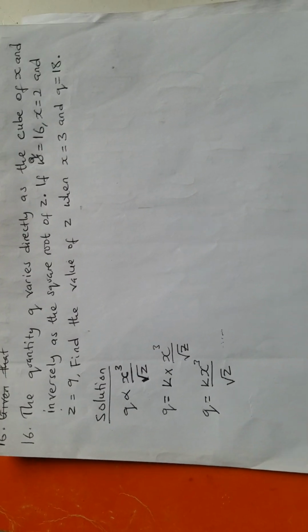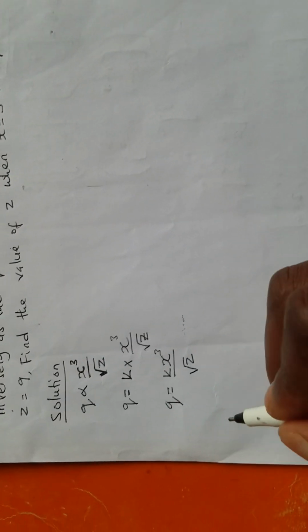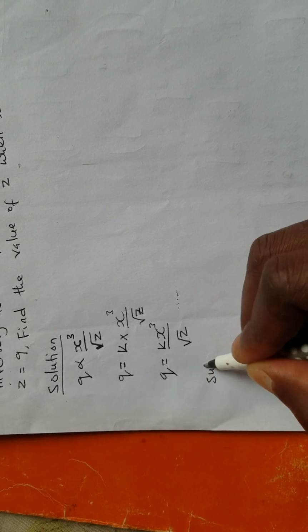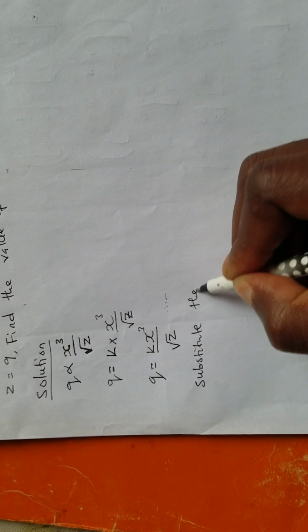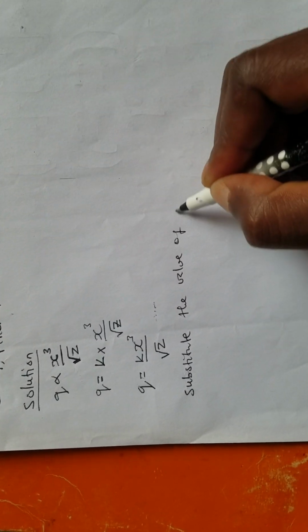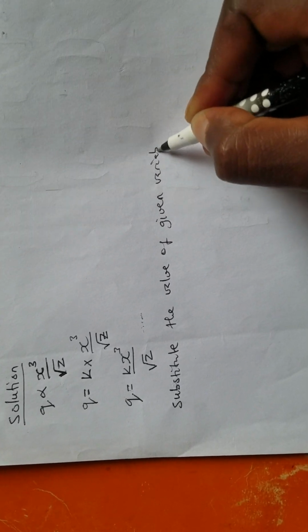They are saying that if q is equal to 16, substitute the values of the given variables.